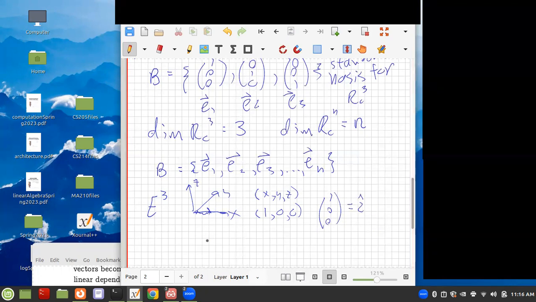So for 3 dimensions, our e1, e2, e3, we could say i hat corresponds to e1, j hat corresponds to e2, and k hat corresponds to e3. This isn't important if you haven't seen it before, but if you've had physics or engineering, you'll be aware of these as unit vectors in coordinate directions.